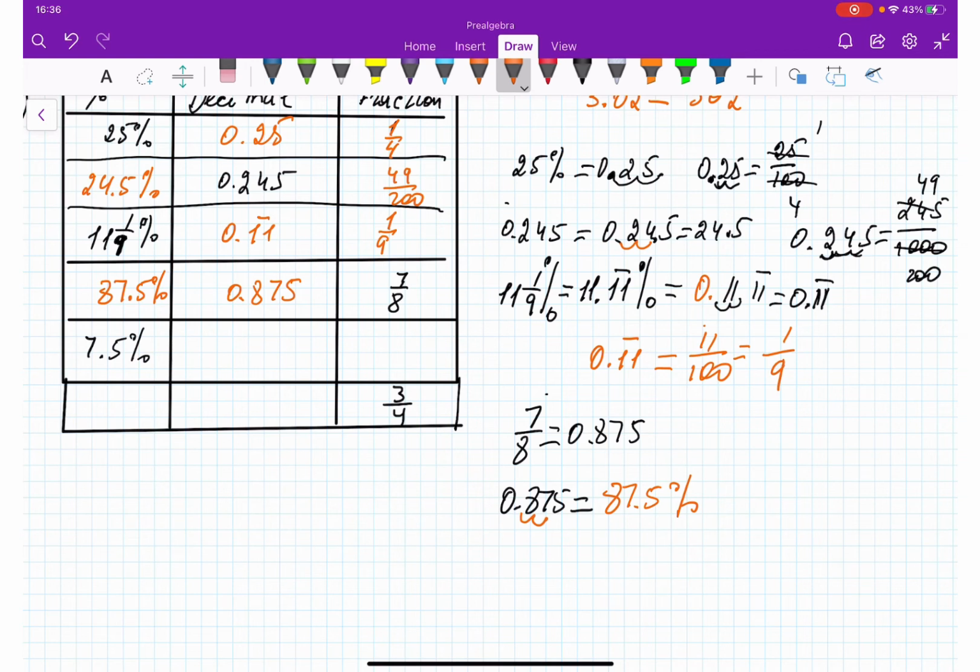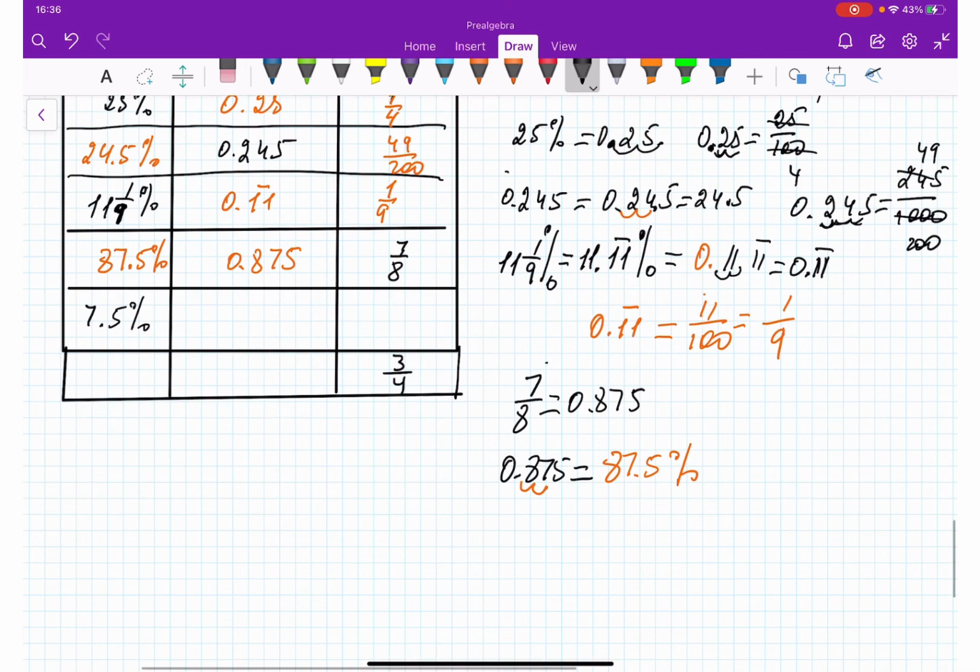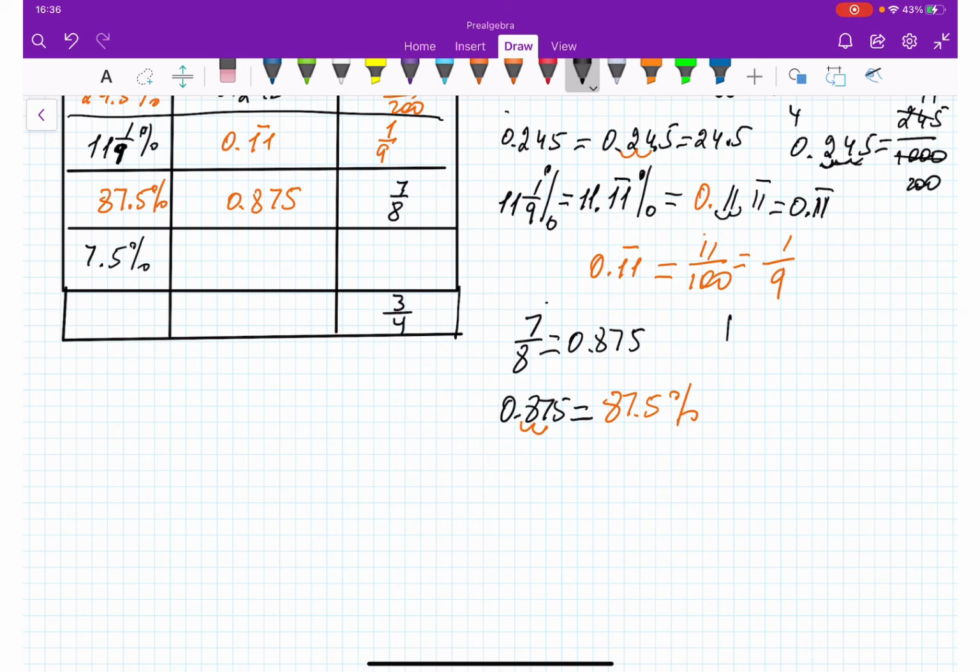Next, 7.5%. In decimal notation, it's going to be 0.075, correct? Okay, let's write down.